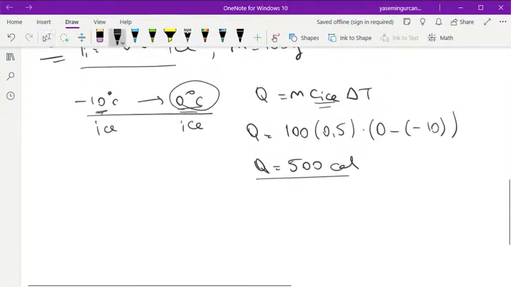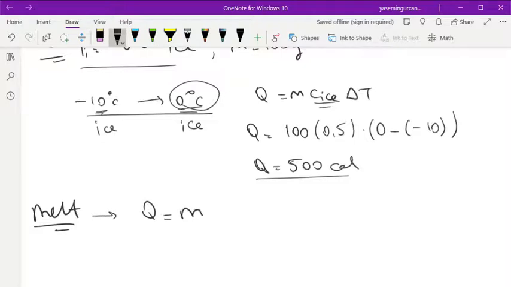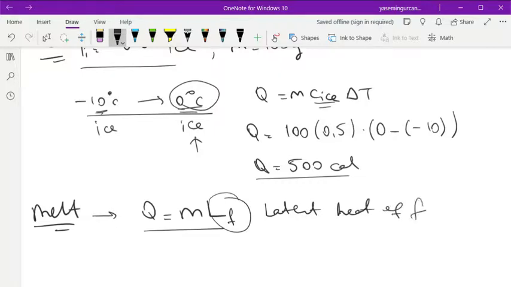And now, in order to melt the ice, you need to use another kind of formula, which is M times L. Ice melts at 0° and it's going to stay at 0°. This L is called latent heat of fusion because it's from solid to liquid phase, and it is 80 calorie per gram.